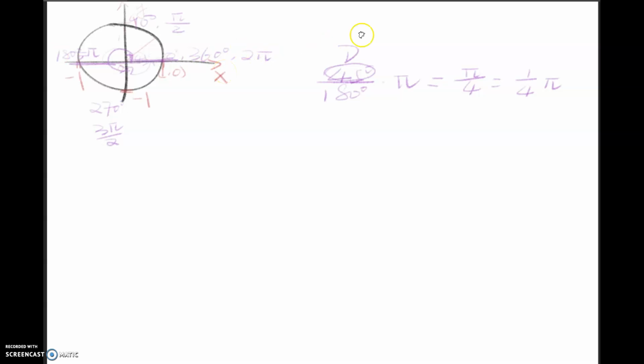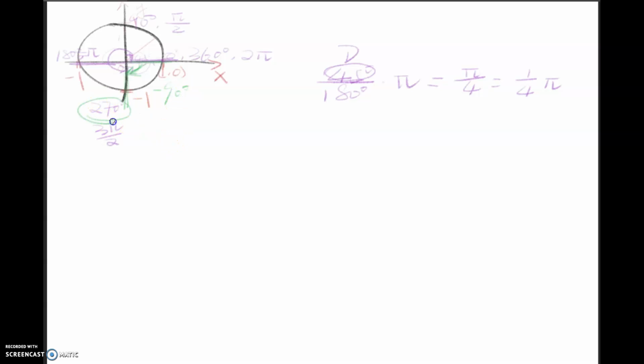Remember, there are different names for one angle if they're rotating in different ways. For example, if we go from the starting point in a negative direction and hit the negative y-axis, it'll be negative 90 degrees.